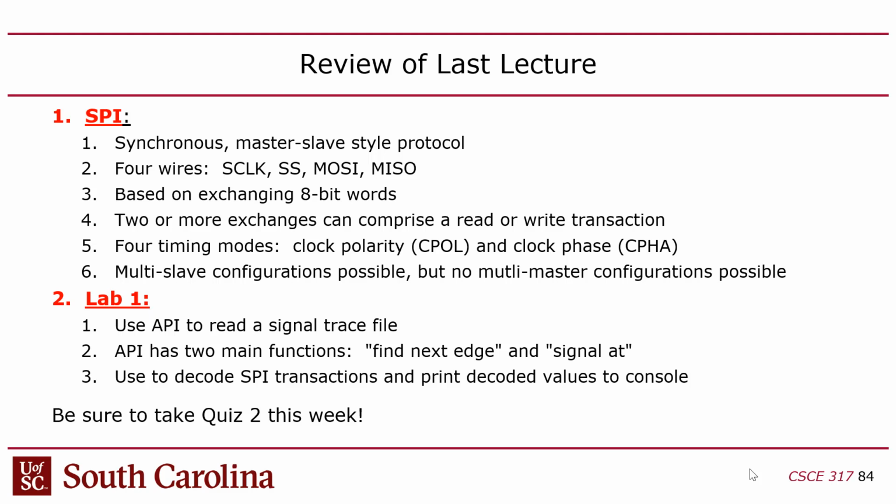In the case of slave select, it's always the falling edge you're looking for, but on the clock, it could be the rising or falling edge depending on CPOL and CPHA. So in a nutshell, that's the whole challenge of the lab, to figure that part out. And that's it. That was lab 1.